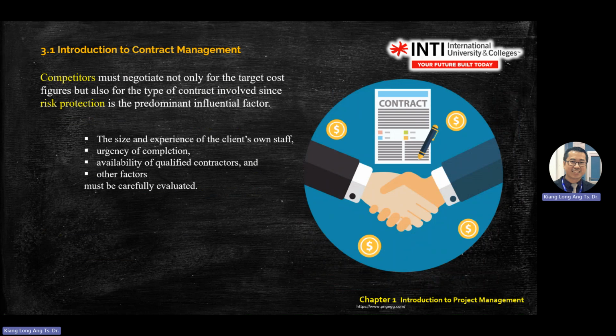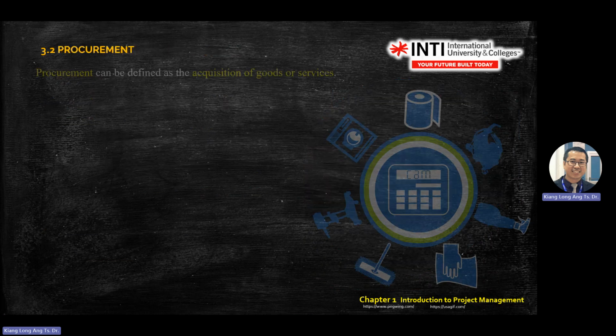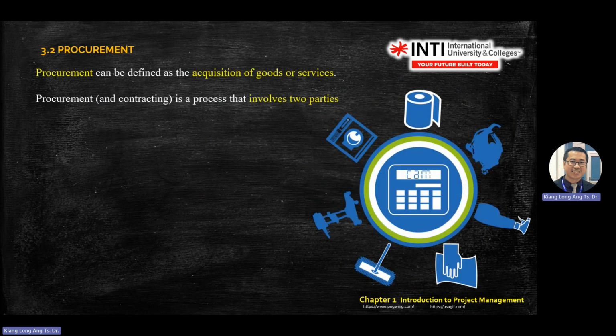Okay, this one you read. When you go to work, there is a procurement department. Procurement is a department where they purchase things. It is a very important department where they get the things and services that you need. Again, you are the project manager, and you need to have a good relationship with the procurement department. Why?